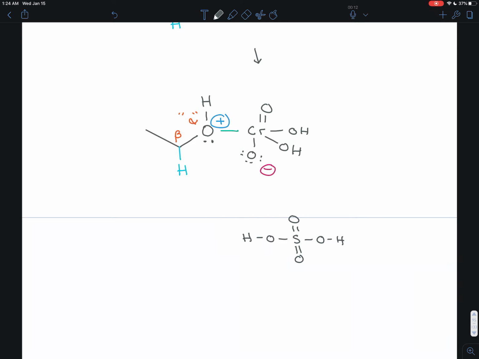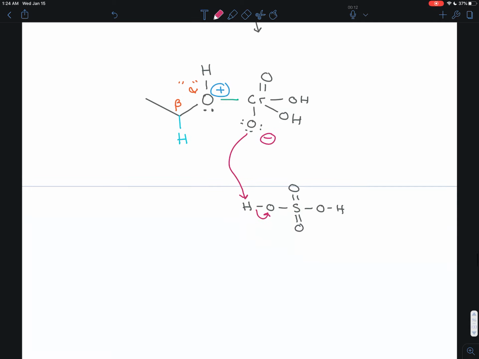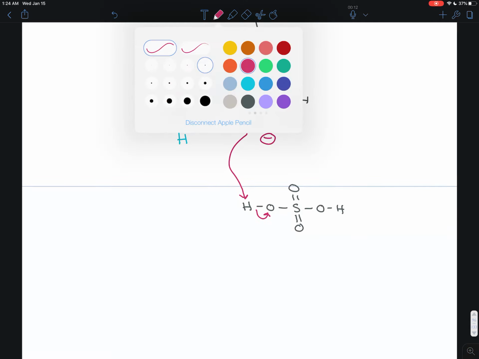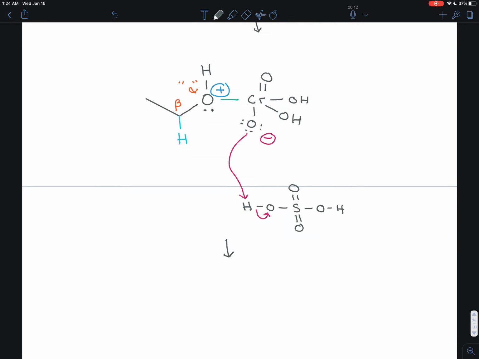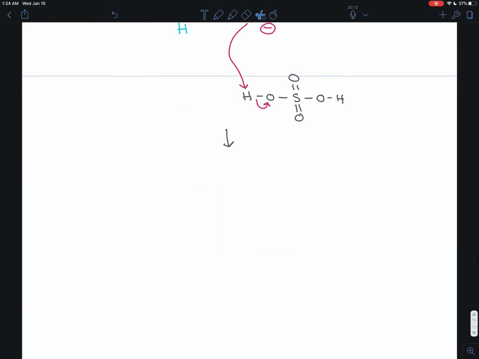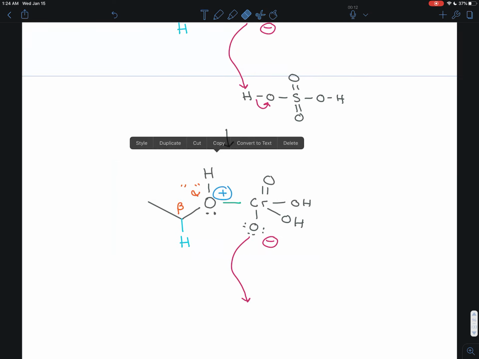The H has a slight positive charge, so when these molecules slap into each other, the oxygen steals one of these hydrogens, the electrons go onto the oxygen there, and you really end up with the same molecule you had, just without that negative charge. So it's a little more stable. Okay.